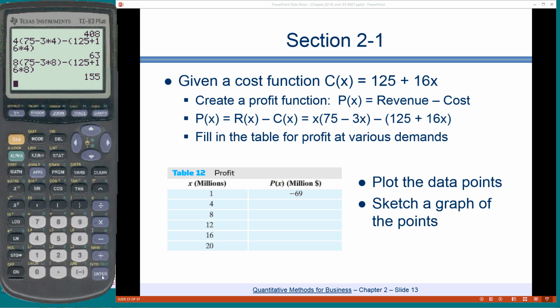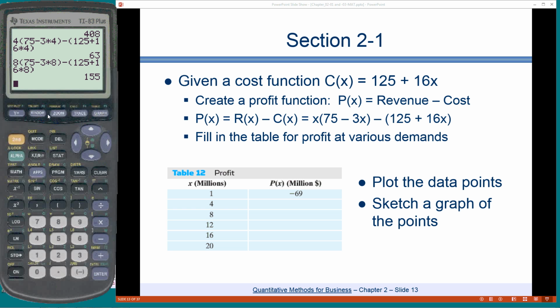So better than the profit would have been for 4 million units. So I definitely would want to go. And to fill in this table, you would just plug in 12 and 16 and 20 for X in this equation. What does the plot of all that look like?